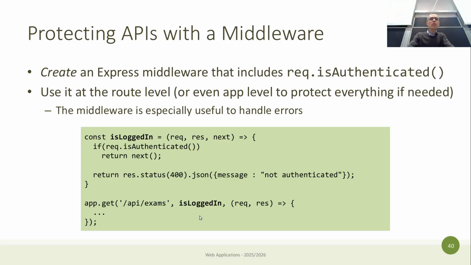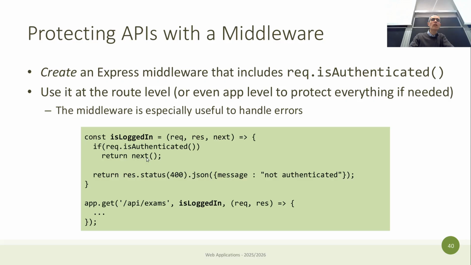Okay, how do you use it? Very simple. You put it in the list of elements you pass to the functions get, post, put, delete when you define the route on the server. Okay, so before the callback, just insert isLoggedIn, and Express will take care of calling this isLoggedIn function, this middleware, checking if the request is authenticated or not.